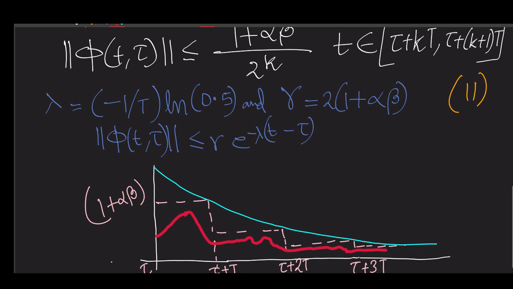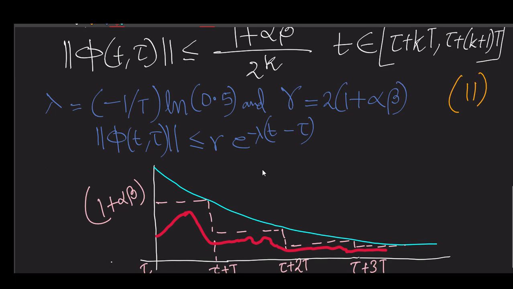It's like that. Got it? So this gives us the case of uniform exponential stability. What uniform asymptotic stability is, we will discuss later.